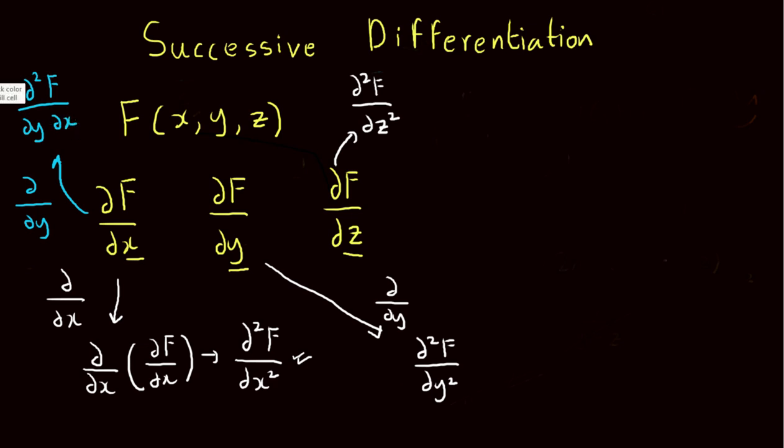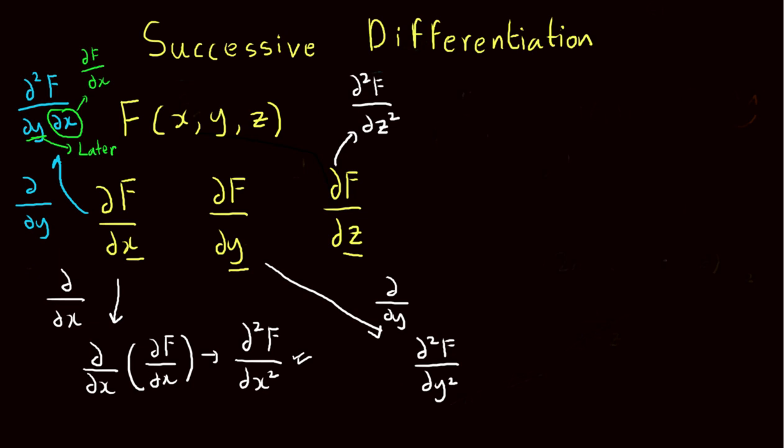This del x was already written as del f del x. It was already differentiated first, and this one came later. Likewise, the same goes for del f del y.